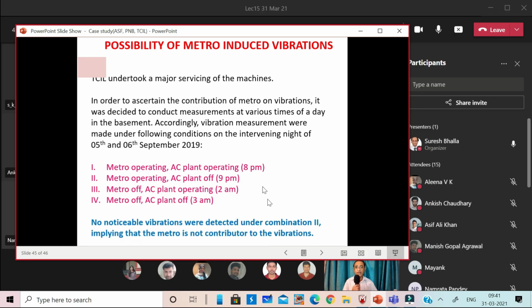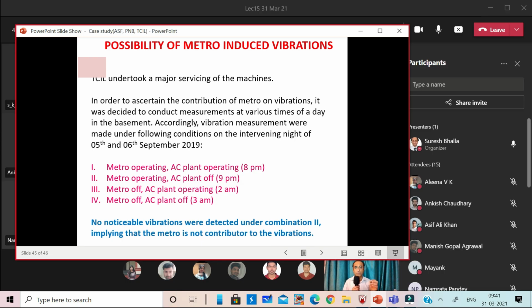So what we found was that under number 2, when the metro is operating and the AC plant is off, at that point of time we did not find any noticeable vibrations. And not just at the basement, we did these measurements at various locations of the building.